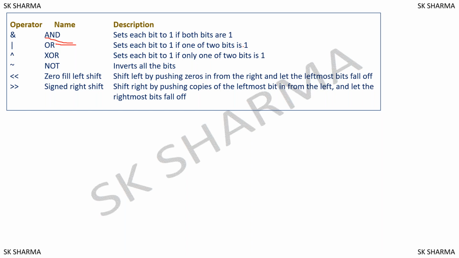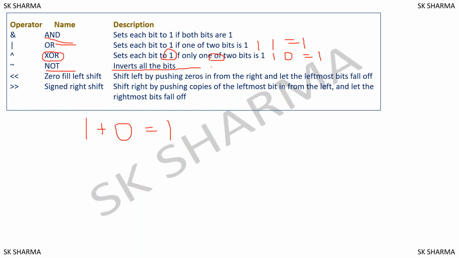XOR gives 1 only if one value is 1 and the other is 0. In OR, if there are two 1s, it will give 1, but here one must be 1 and the other must be 0, then it gives 1 only.